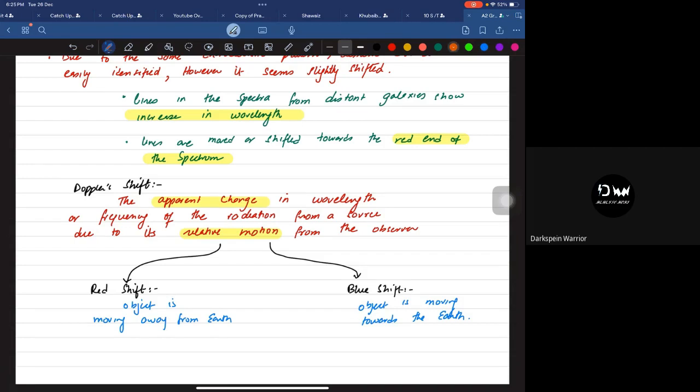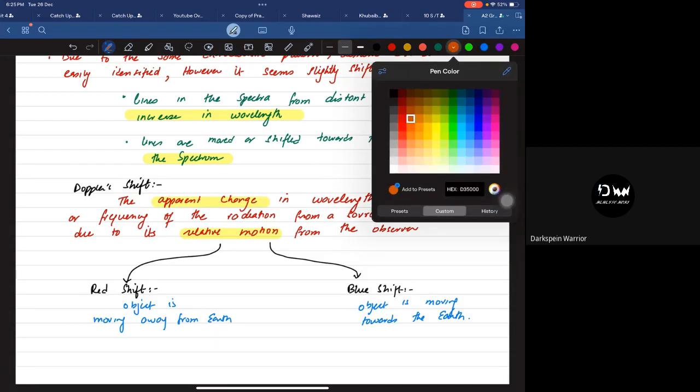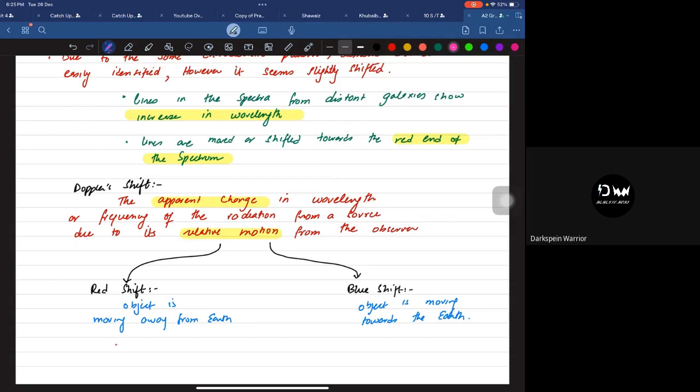Just to give you an insight, the shift is prominent when the relative speed is notable, and shift is observed by spectra of distant galaxies.